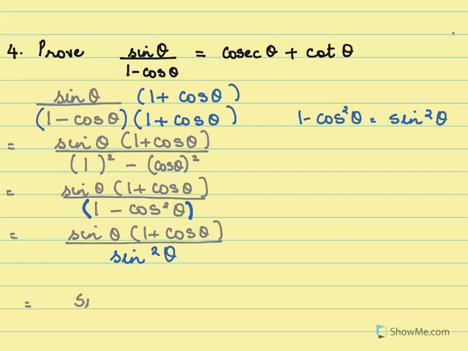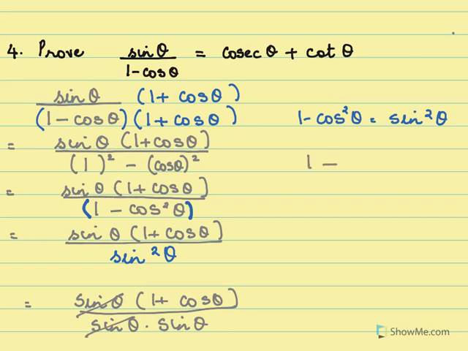So which is now sine theta, 1 plus cos theta. Sine square, for sine square I'm going to do sine theta into sine theta. So I cancel this out. Now what remains here is 1 plus cos theta over sine theta.